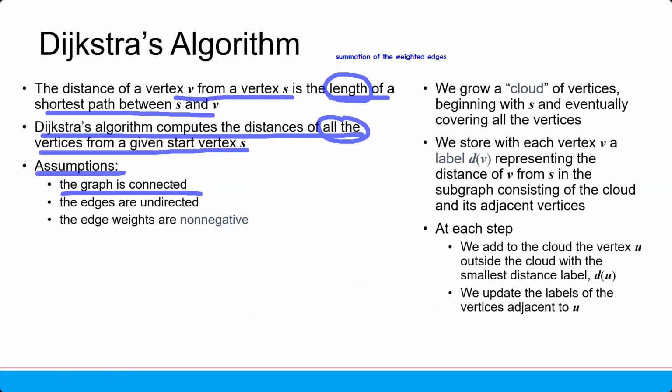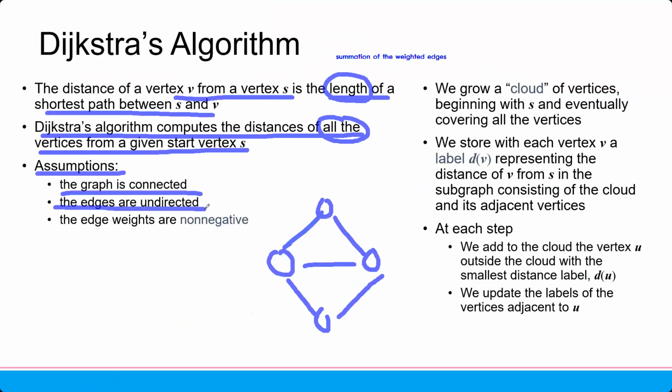You still remember what a connected graph is? Every node is connected. Yes, this is the assumption. The edges are undirected, so there is no direction. Okay. The assumption is undirected, and the edge weights are non-negative.